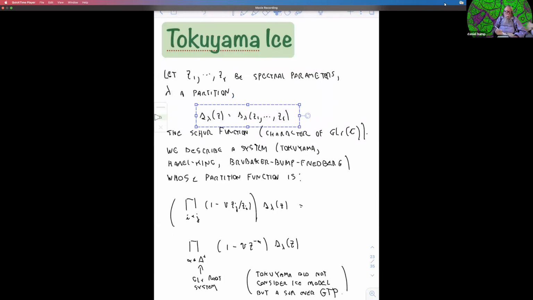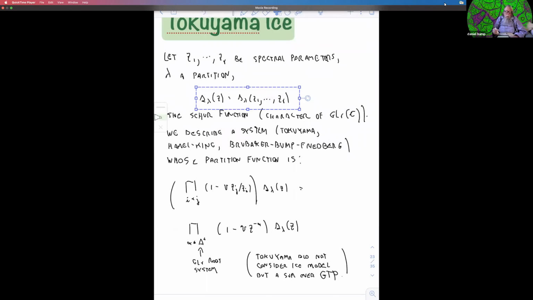So what I want to do is define a system whose partition function is this: a Schur function, and then a deformation of the Weyl denominator. We're going to multiply by it.